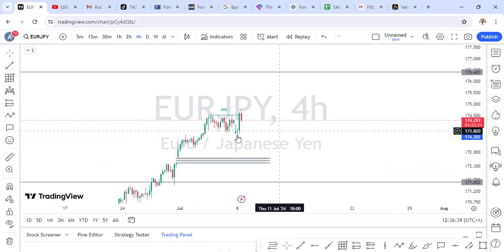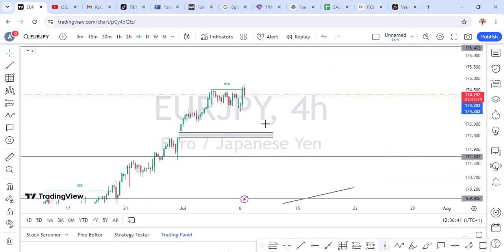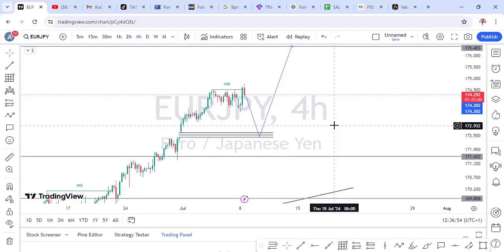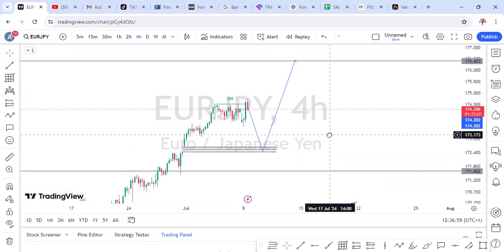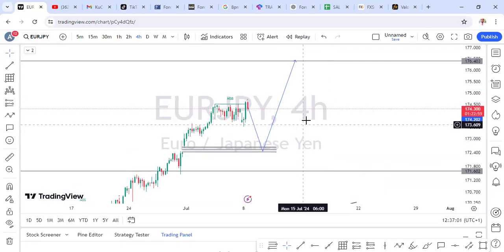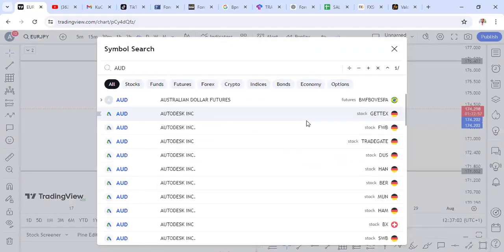The only way is if price comes to this place, then we can go to that place. Otherwise, we leave Euro JPY out, since we can have a better trade on UJ and GJ. I think those two. So the last is AUD JPY.